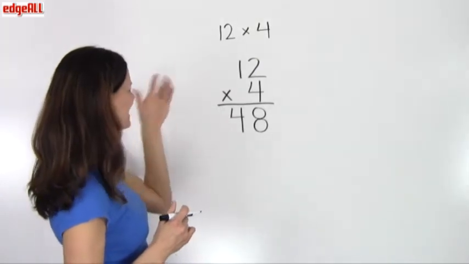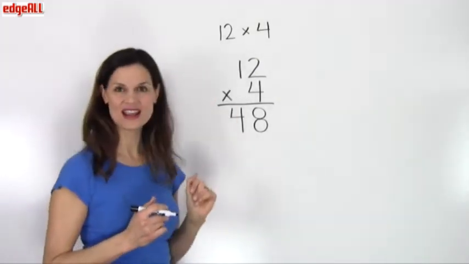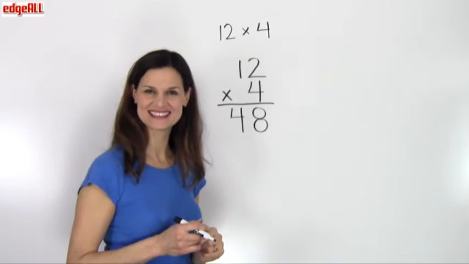So we can see that 12 times 4 equals 48.